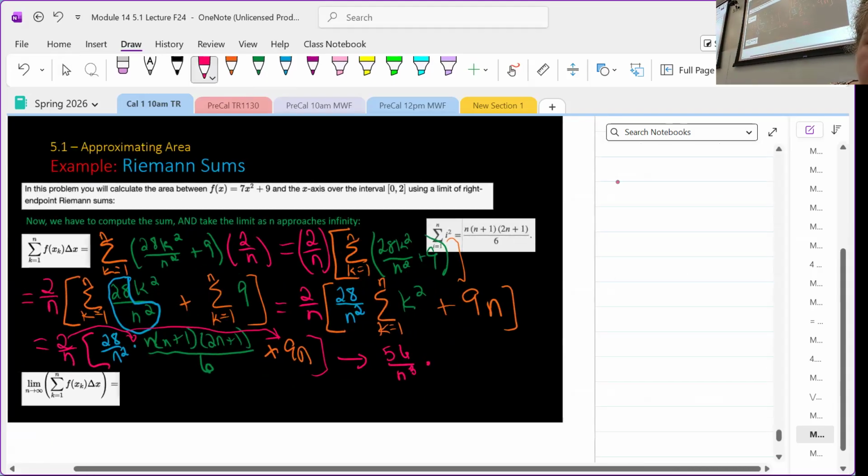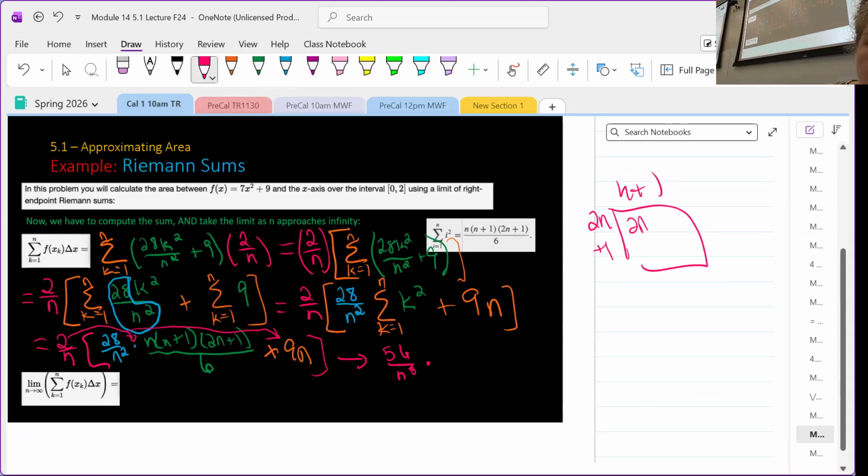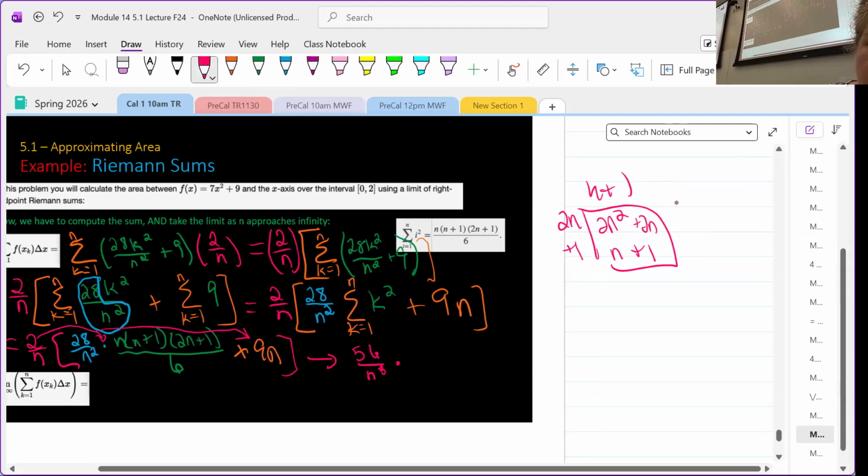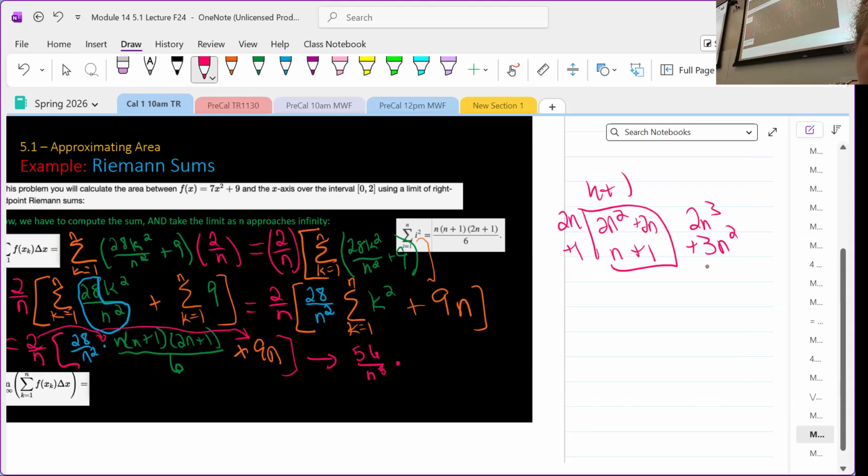So give me a second. So we will have 2n cubed plus 3n squared plus 1n.